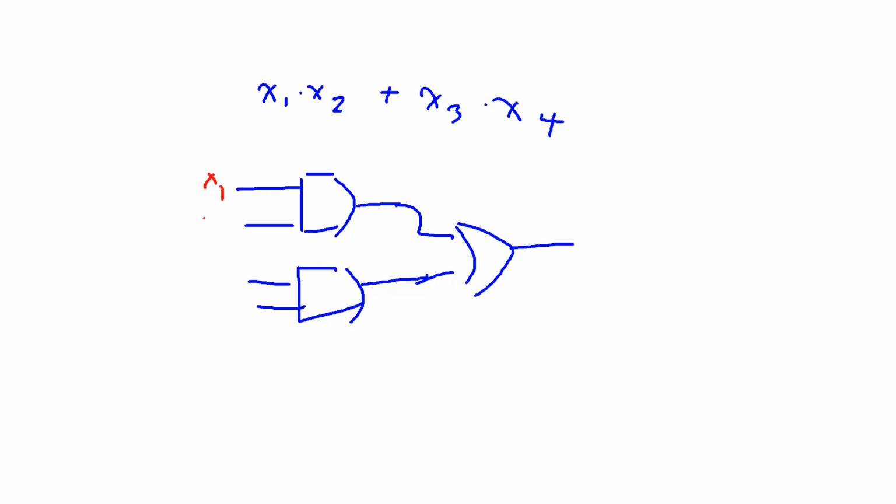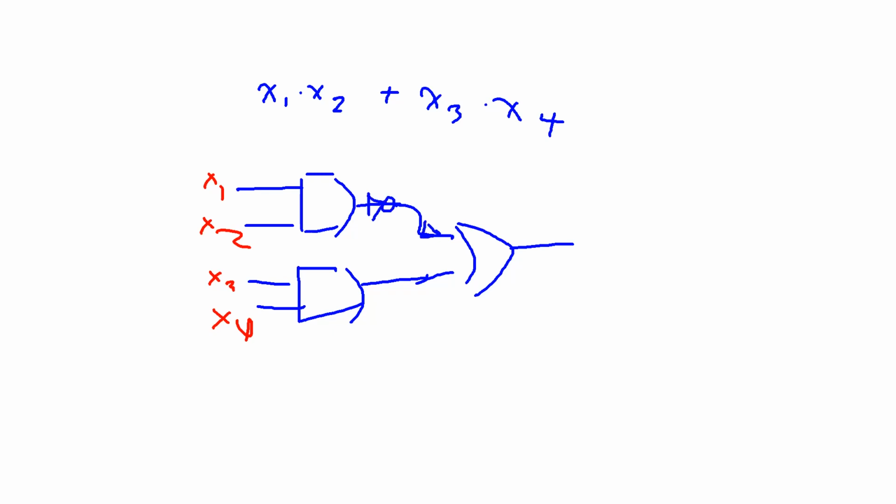This one is x1, x2, x3, x4. This is a two-level AND-OR.